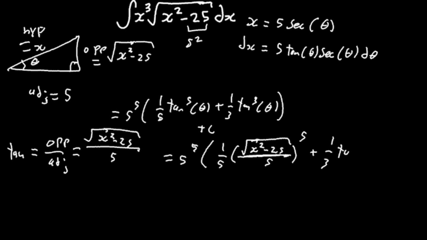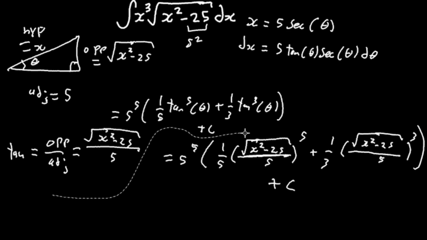Or, I meant plug in our tangent: 1/3 square root of x squared minus 25 over 5, whole thing cubed. And then we have our plus c. Now I'm thinking. Alright, yeah, we can leave it as is, but I'm going to do a bit of simplification.